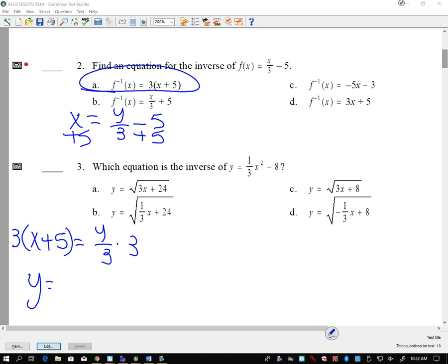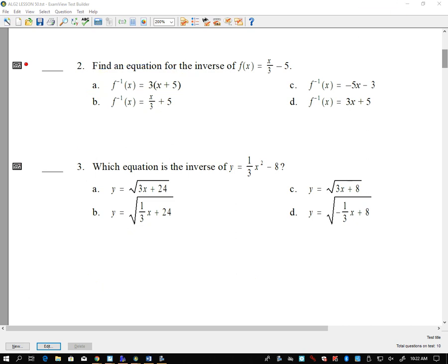They don't distribute. I wish they did. If this was just in your homework, I would write y equals 3x plus 15. I don't know why they don't do that. It's a little frustrating. Okay, but if you scroll down to the bottom, do you get A for number 2? You do? All right.